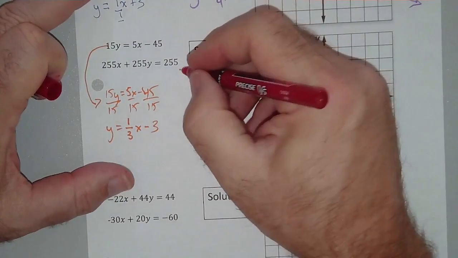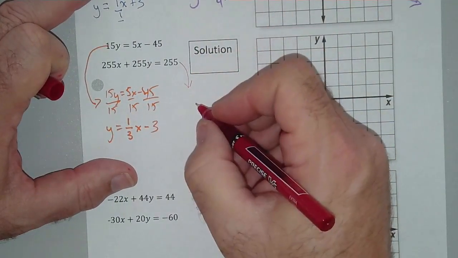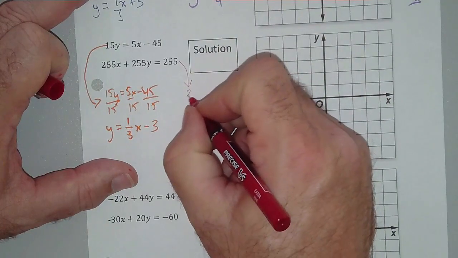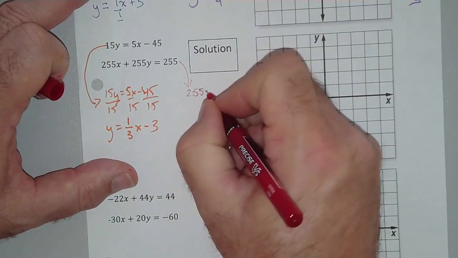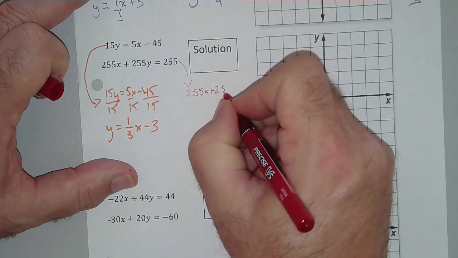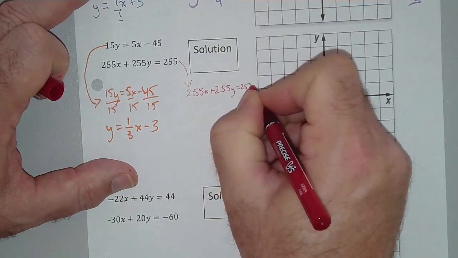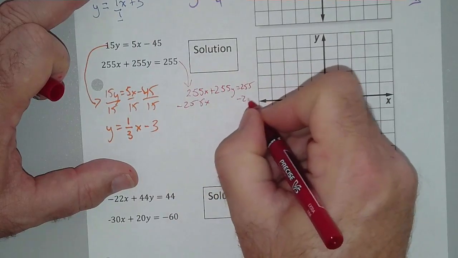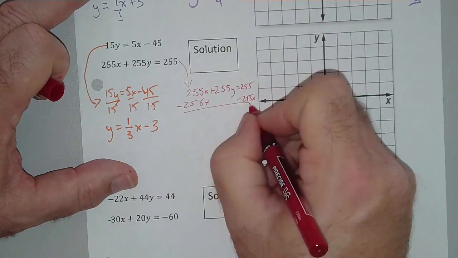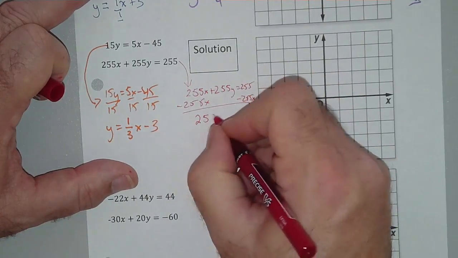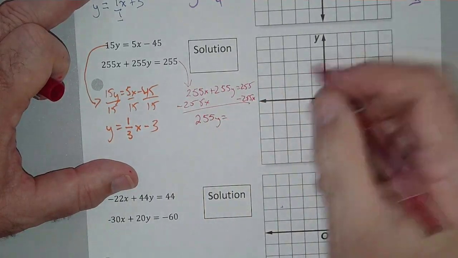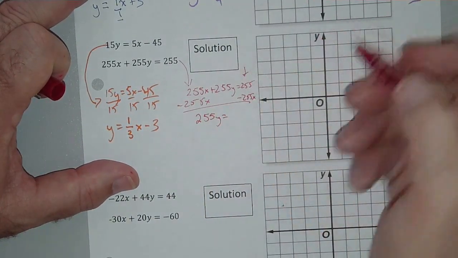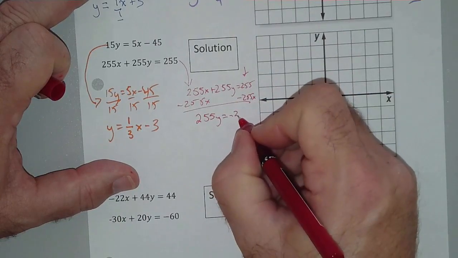Then looking at this one, oh, this one looks crazy. Who wrote this? Oh, that's right, I did. 255x plus 255y equals 255 minus 255x and minus 255x. And I get 255y equals, now, these two are unlike terms, so they don't get put together.